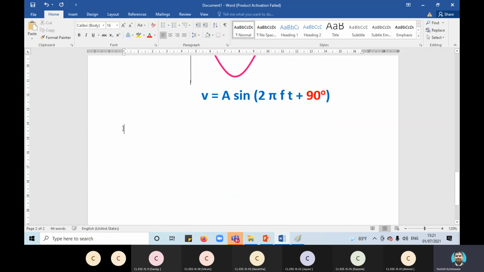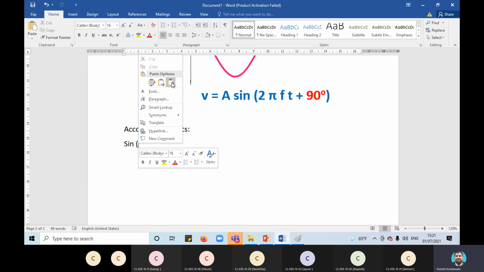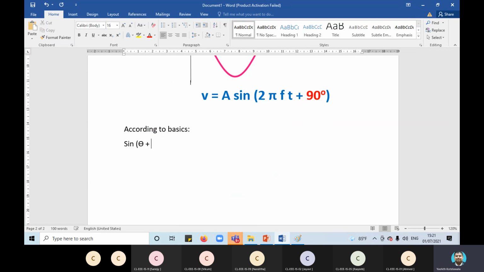In trigonometry, according to basics, sine theta plus 90 is equal to cos theta.